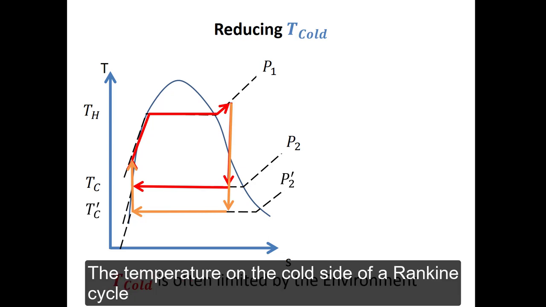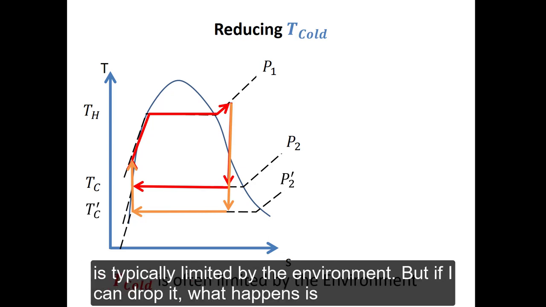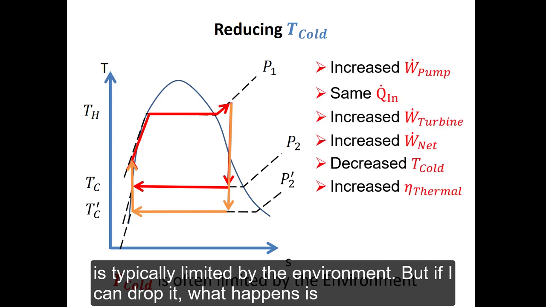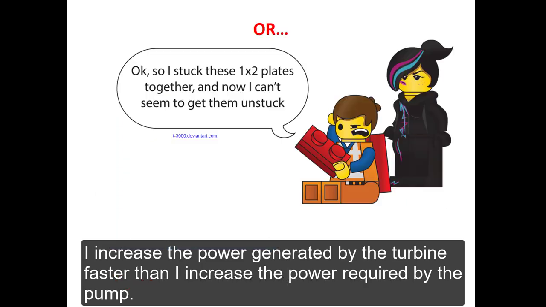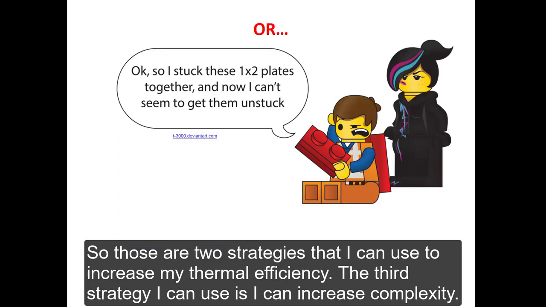The temperature on the cold side of a Rankine cycle is typically limited by the environment. But if I can drop it, what happens is I increase the power generated by the turbine faster than I increase the power required by the pump.